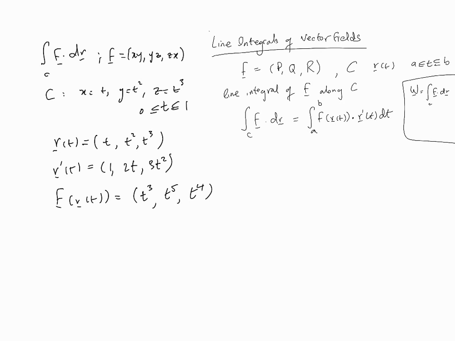Now the rest is quite easy to do. So the integral of F dot dr is going to be from 0 to 1. This is our range of t values here. And of course, the dot product of t cubed, t to the 5, t to the 4 with 1, 2t, 3t squared, dt.